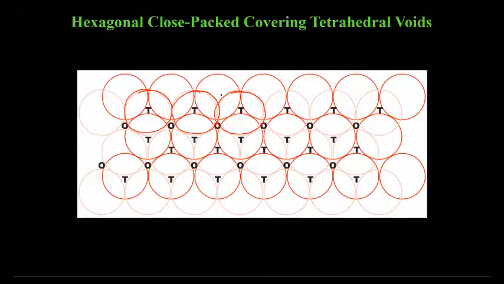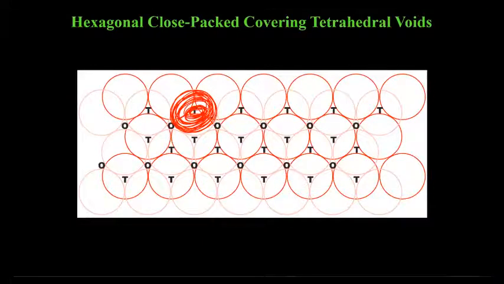Voids means gaps. Now you might see I have written T and O. When we do so, in a few cases you will see this portion, you can't see through it because on the top side you have this atom. So although the void was there, it has been covered.